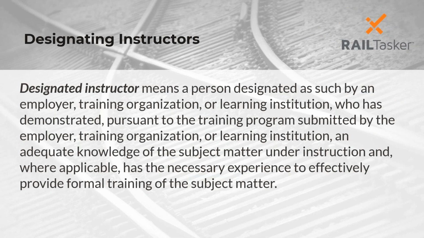Before I show you the grandfathering in, I also wanted to talk about designating instructors. This is the other piece to make sure of from a record keeping standpoint now that we're after May 1st. The definition in 243 is what's on the screen.